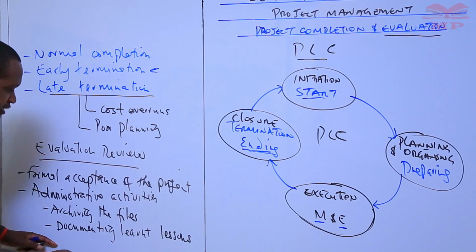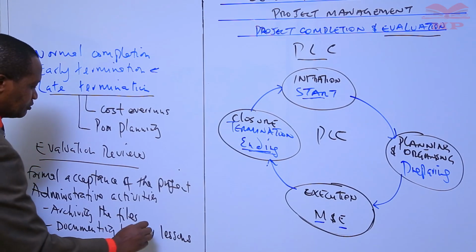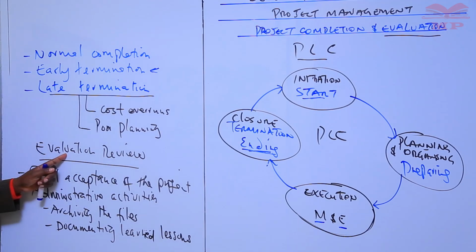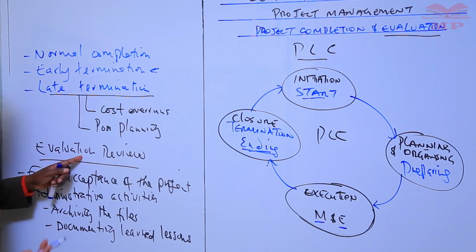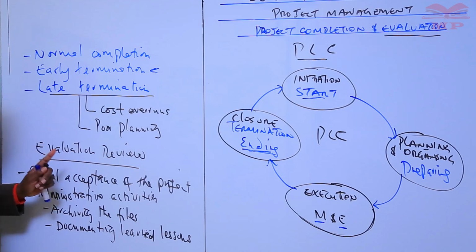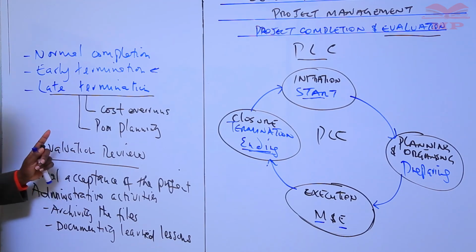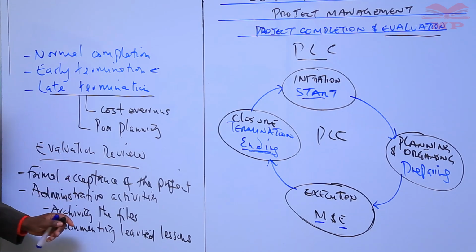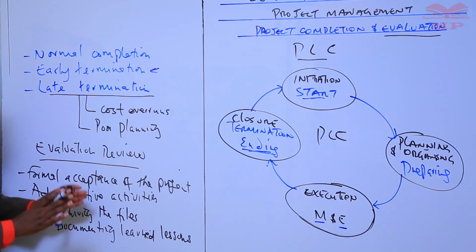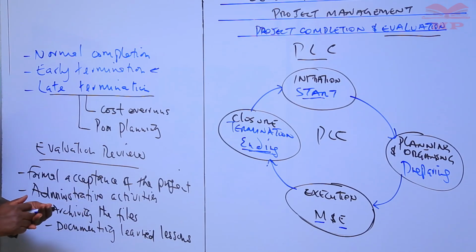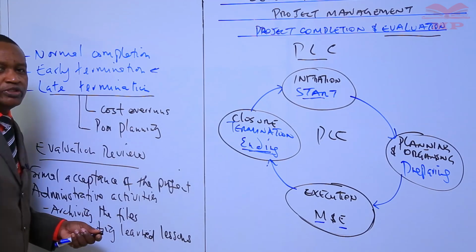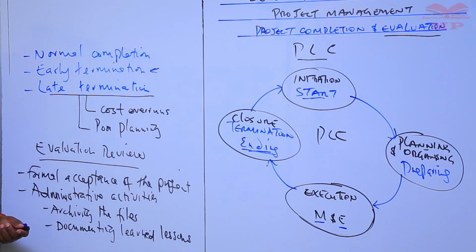Okay? Documenting learned lessons. Because remember we say that there has to be an evaluation review. The purpose for an evaluation review is not to punish the implementers of the project, but is used as a learning process so that what is learned in this project can be used in the subsequent projects. All right?